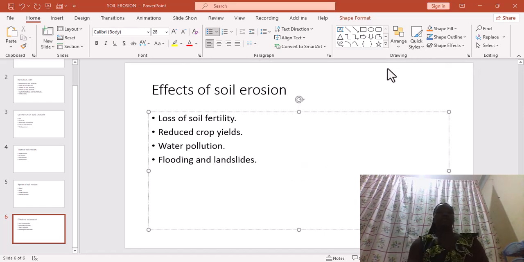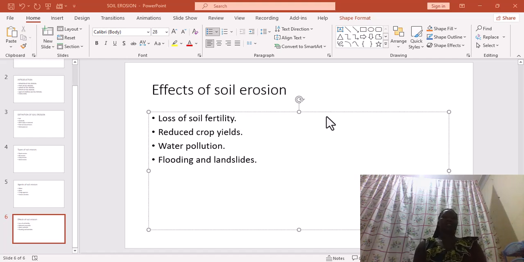So the first point is loss of soil fertility. As for the explanation for loss of soil fertility, this is where the most productive layer of soil is removed, and this most productive layer of soil is known as the topsoil.